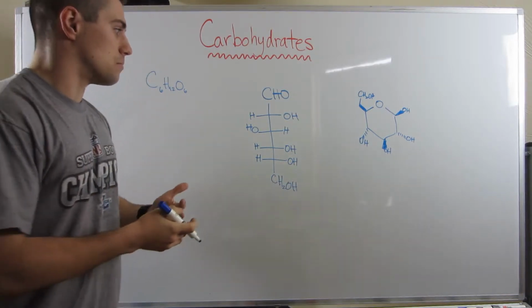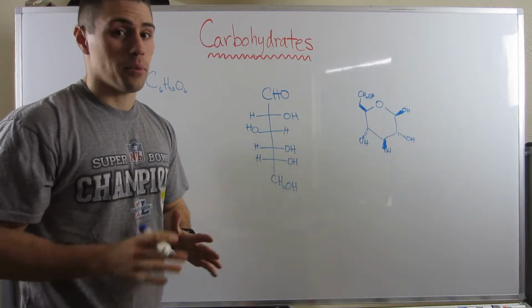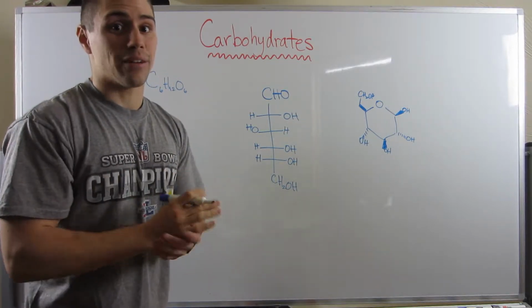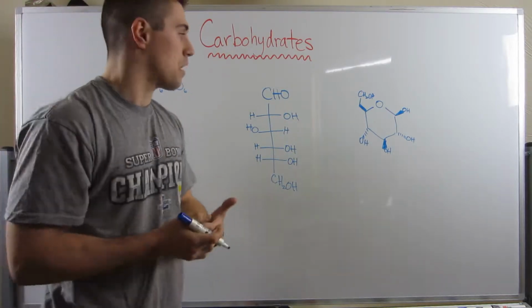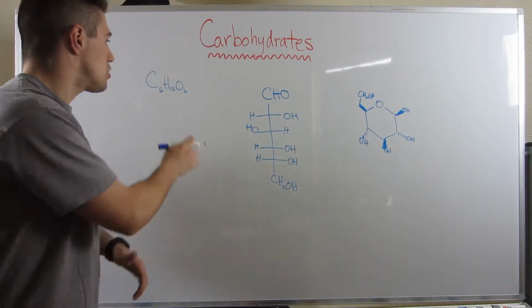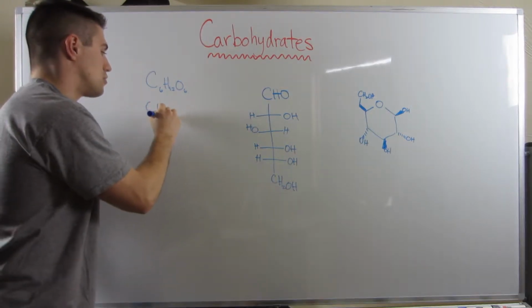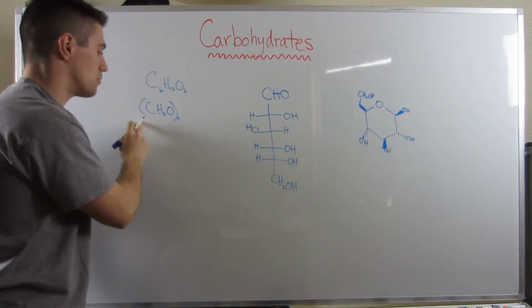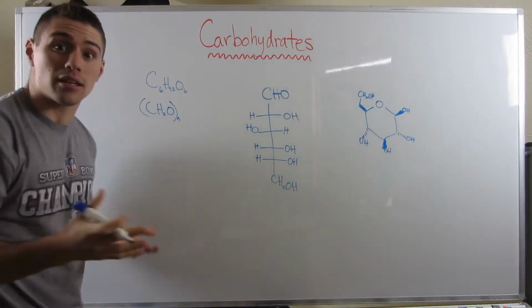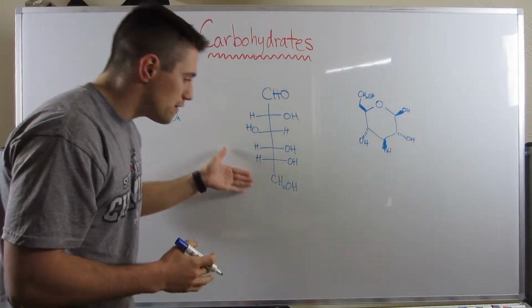Sorry if it gives you a little PTSD, but Fischer projections are back, and we're going to be working with them so much that you will be pros at them by the end of this series. In addition to adhering to the formula CH2O with some n subscript for the molecular formula of a sugar, we can represent them as Fischer projections.